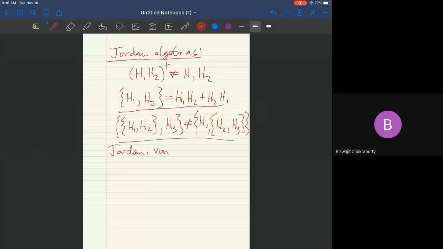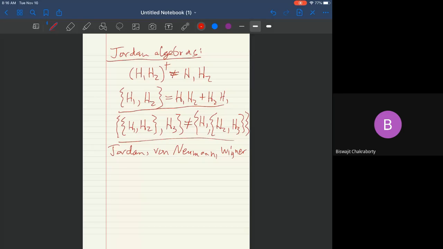Okay, so Jordan and von Neumann and Wigner classified these, and the story is very analogous to the Lie algebra case.